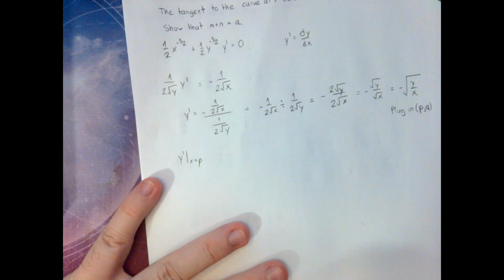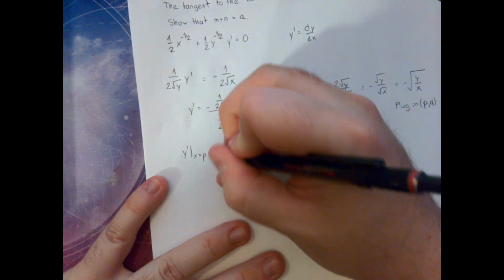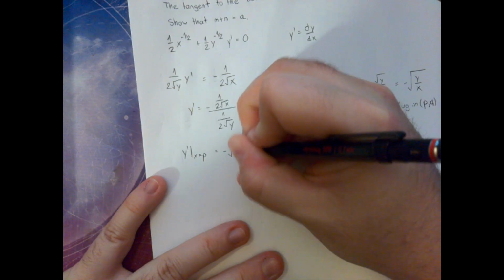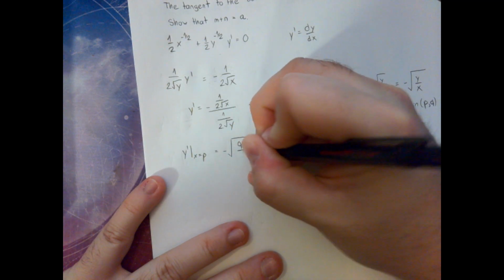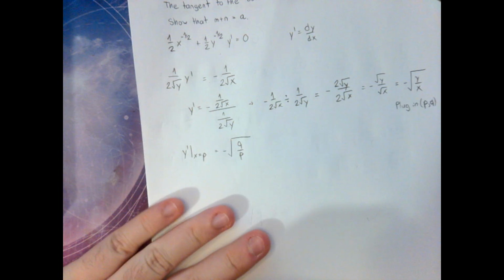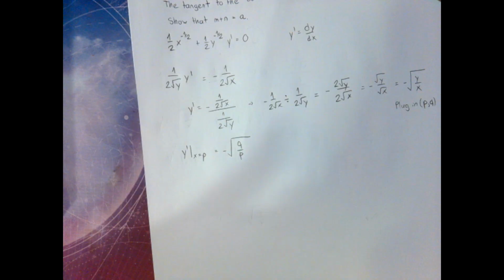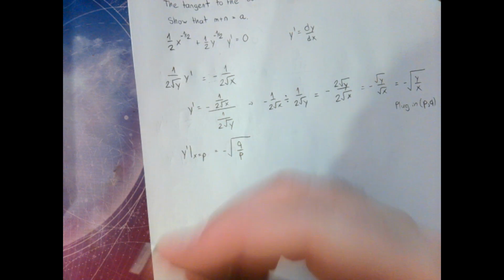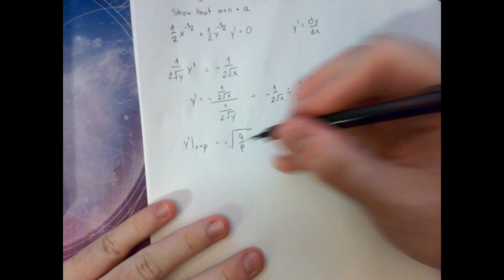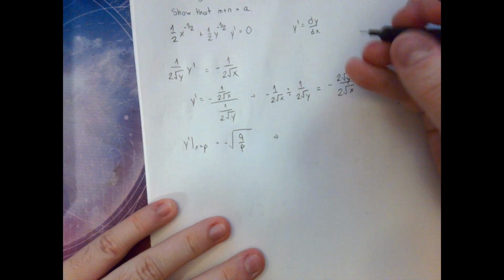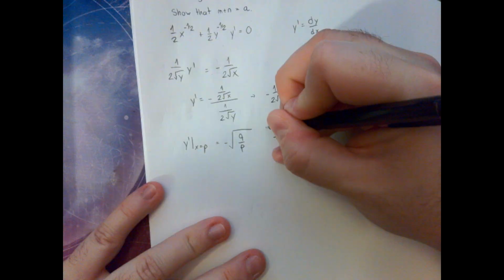So y prime when x is equal to p is just going to be equal to minus the square root of q over p. And now that I have the slope of my tangent and I have a point, even though I don't have the exact values, I have the algebraic representation, I can write it into point slope form. So I'm going to have point slope form.